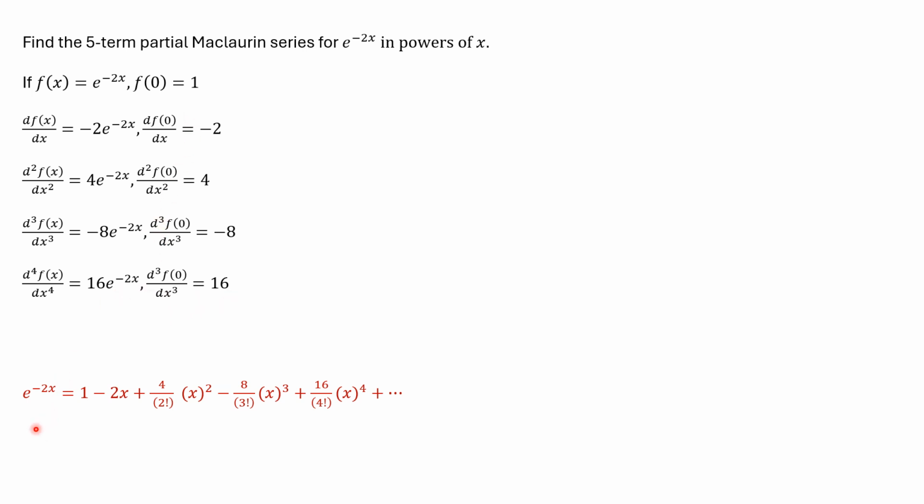Plugging the values in, we get e to the negative 2x equals 1 minus 2 times x plus 4 over 2 factorial times x squared minus 8 over 3 factorial times x cubed plus 16 over 4 factorial times x to the 4.